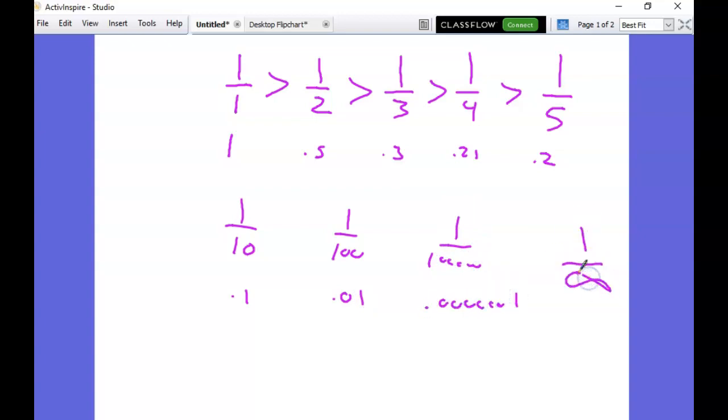Can you tell me what this would be then? 0. The answer is 0. So when you let the bottom become infinitely large, the fraction approaches 0. All right? When you let the denominator become infinitely large, the fraction approaches a value of 0.